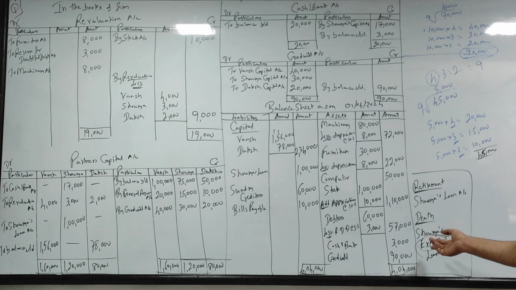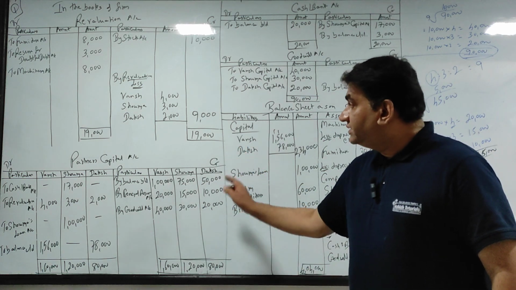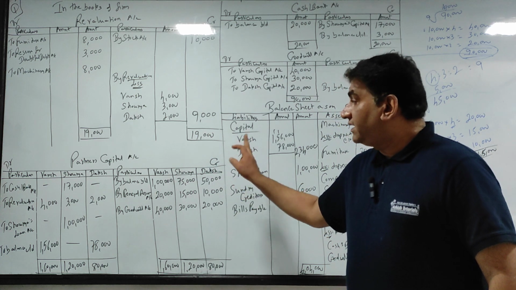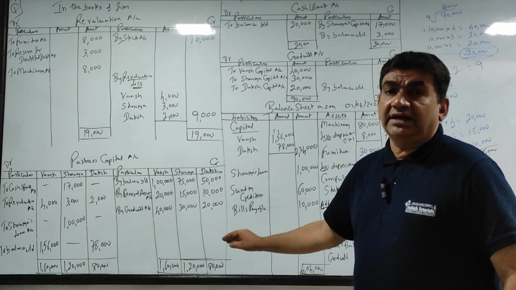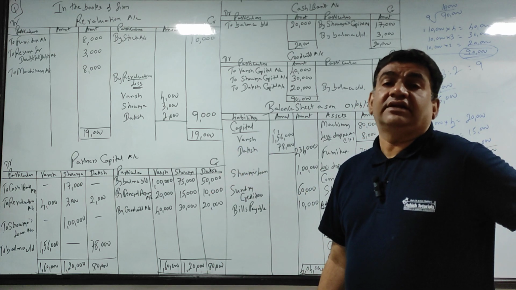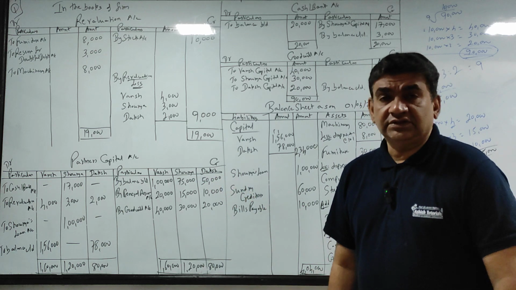That is the only difference. And again, I repeat, some questions may ask you only revaluation and partners capital. Some may ask only revaluation, single partners capital. Some may ask you only partners capital. That will come more in debt, where you'll have to make revaluation in rough. And then these 5 accounts can come in all the sums.